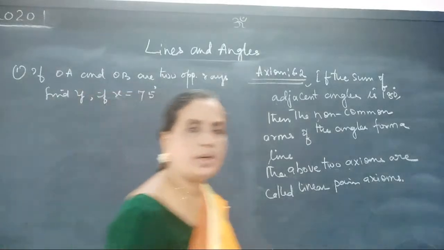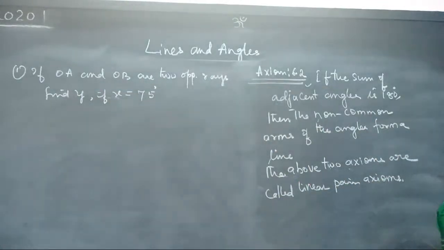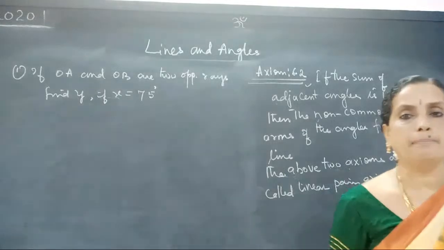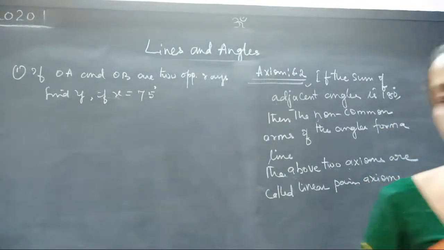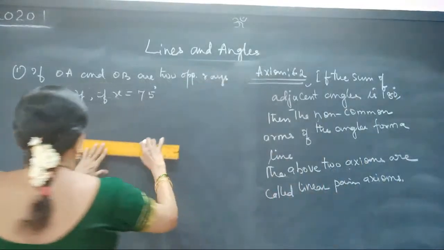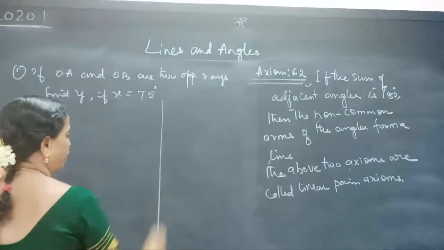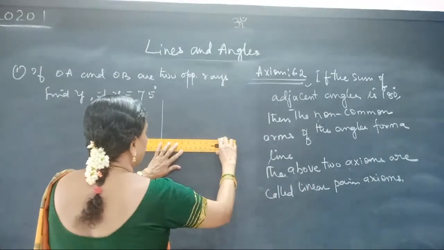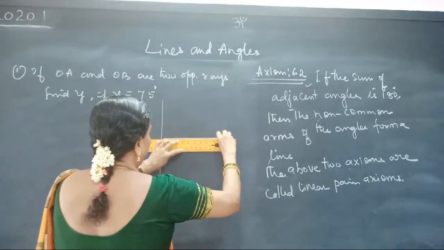So opposite rays, that means it is understood they form linear pair angles. So get the figure in the right side of your page as a working column. Get the figure like this.